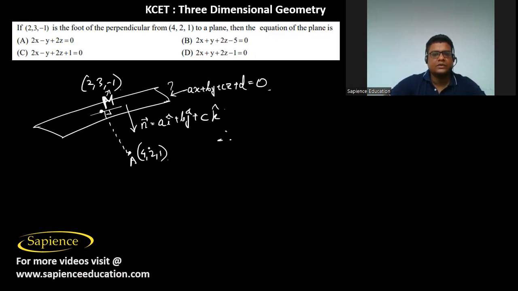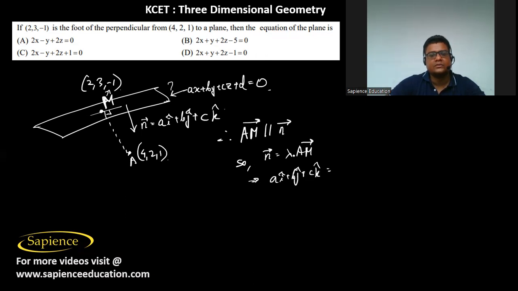Now the AM vector is parallel to the n vector. So I can say that the n vector is some lambda times the AM vector.